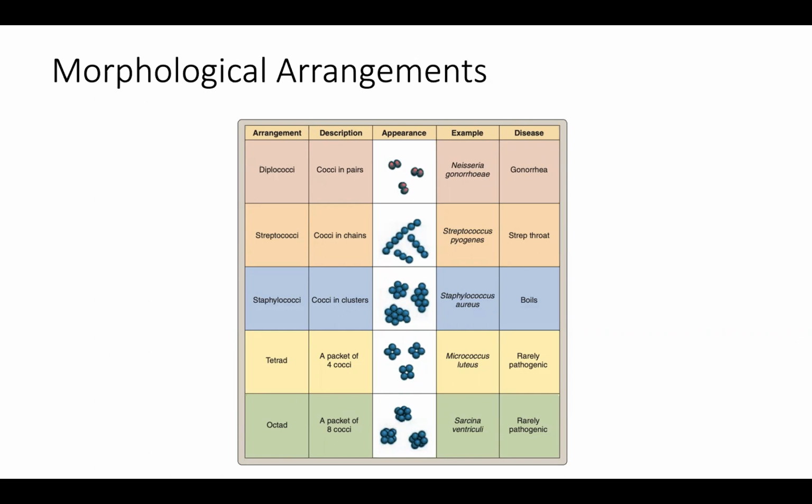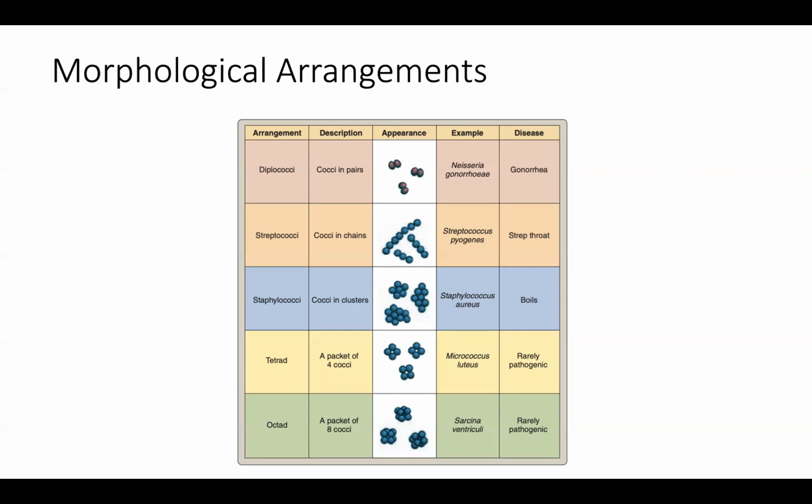So diplococci means that we've got pairs of cocci. They're going to appear in pairs. An example of a bacteria that has this morphological arrangement is Neisseria gonorrhea. What do we know about this organism? Does this name ring familiar for anyone?